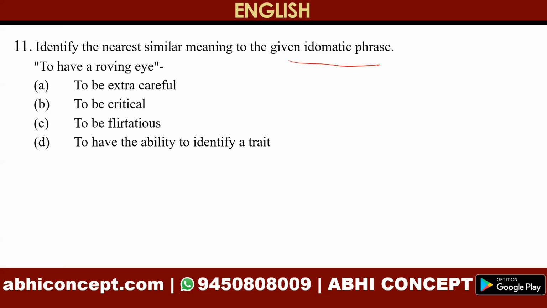So to have a roving eye means that you are interested in people who are not your partner. Okay. So to have a roving eye means to be flirtatious. Okay. To talk to people in a flirting manner with people who are not your partners. Right. All right. Let's move to the next question.